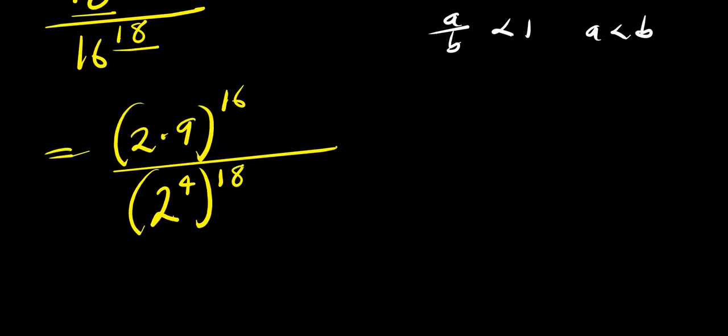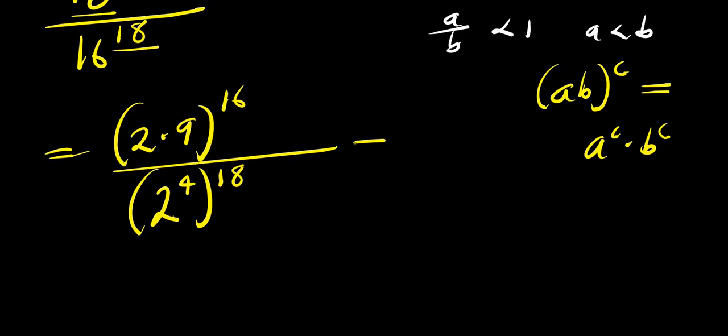Now, consider this identity: (A times B) power C equals A power C times B power C. So that means we are going to have 2 power 16 times 9 power 16, divided by, for this, we multiply the exponents, 4 times 18, and that is 72.